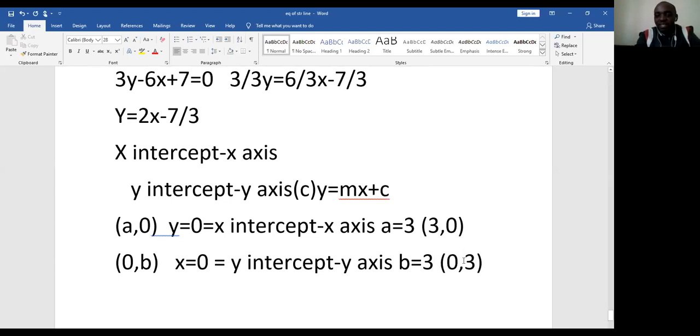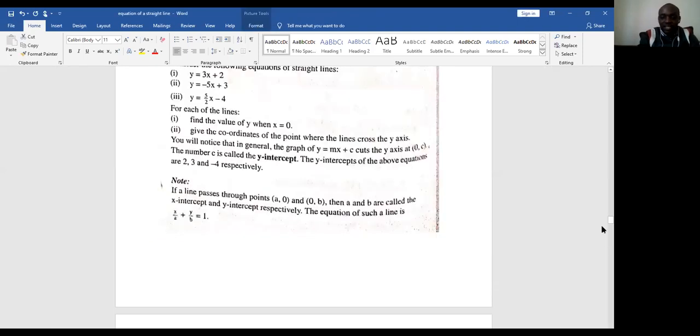So 0, 3 means the value of x is equal to 0. So it is the y-intercept, because at the y-intercept, or where the graph cuts the y-axis, the value of x is equal to 0. And 3, 0 means the value of y is 0. This is the x-intercept. So at the x-intercept, the value of y is equal to 0. So that is what our graph is telling us.